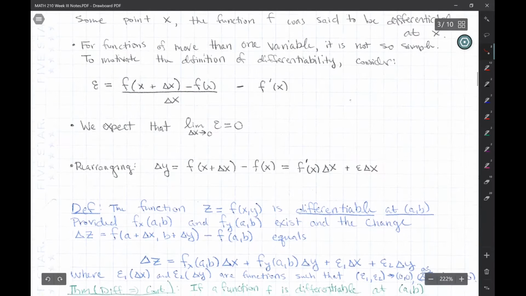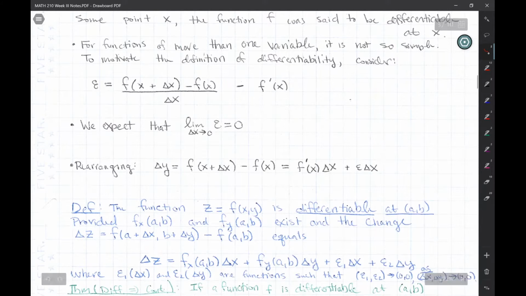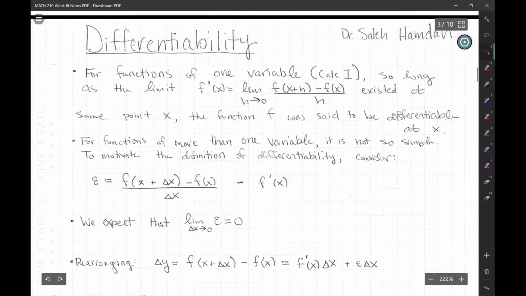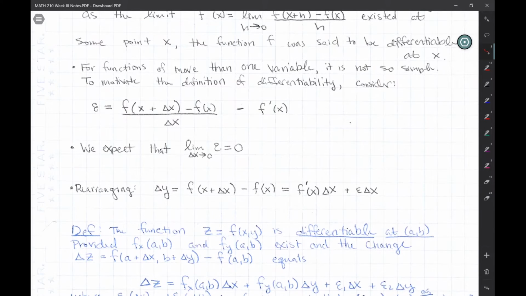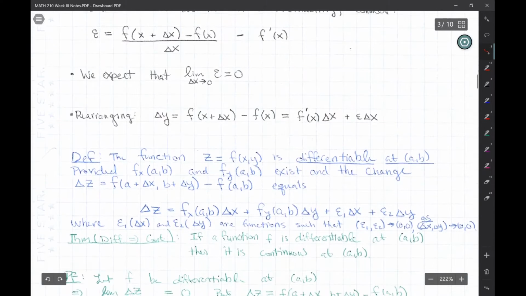And we could think about differentiability as the fact that delta y goes to 0 as delta x goes to 0, and hence so does epsilon. Okay, so it's another way of thinking about differentiability, which is equivalent to the limit existing in Calc 1, but not necessarily so for functions of more than one variable.